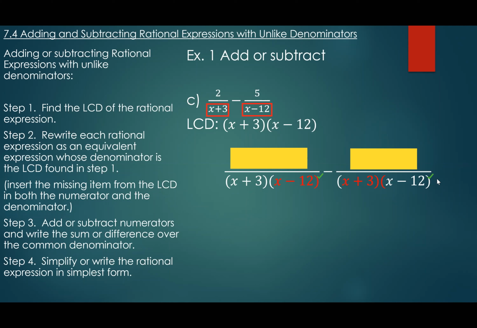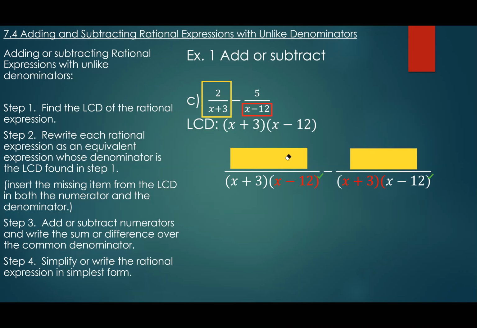Now, once you have that, you have to go back and ask yourself, well, clearly we changed something. This up here is my original item. My original item is 2 over x plus 3. But now my denominator has x plus 3 times x minus 12.